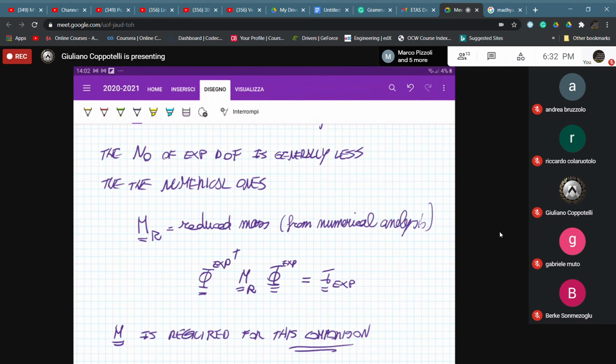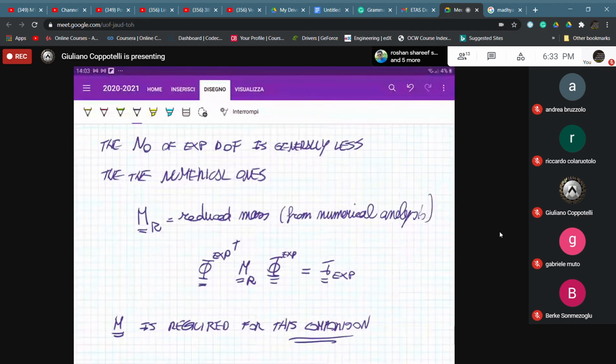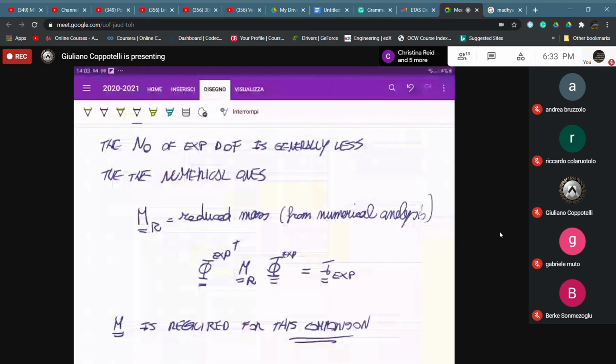Once again, if you notice that some points in this experimental identity matrix are not unitary, but deviate a lot from unitary, then you have to check why that mode shape, that is, why that modal mass is so different from the one that is expected.